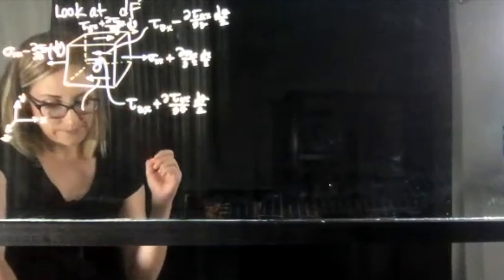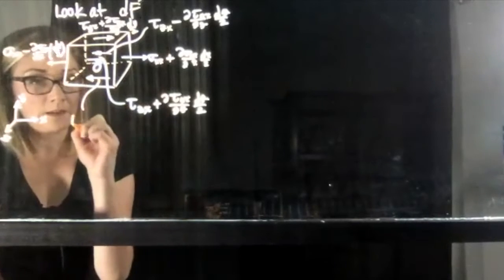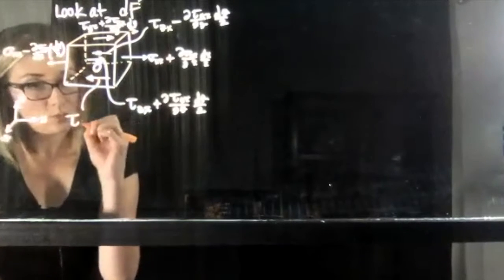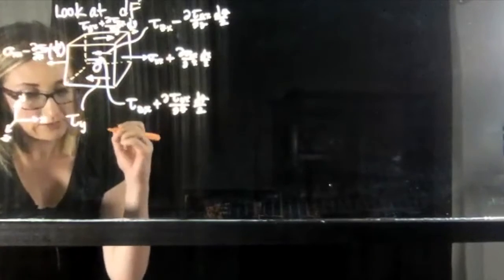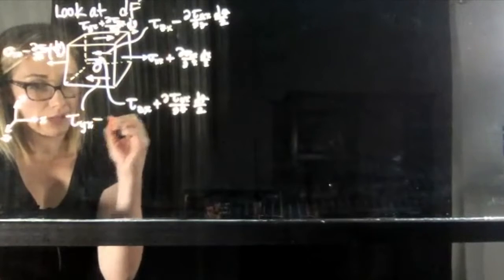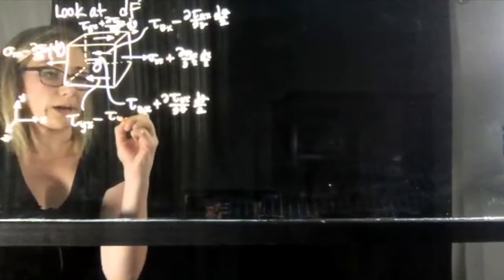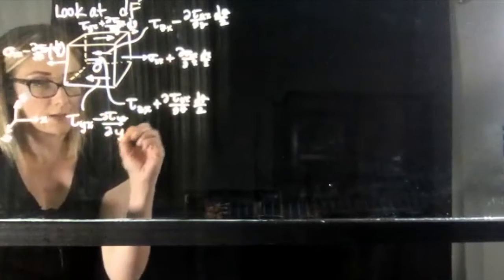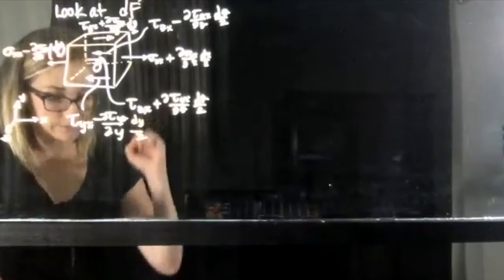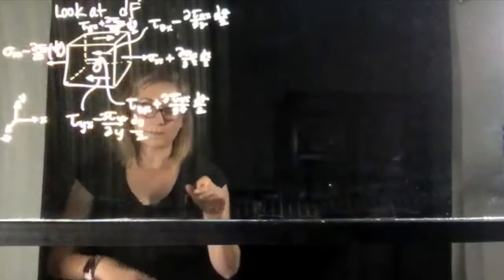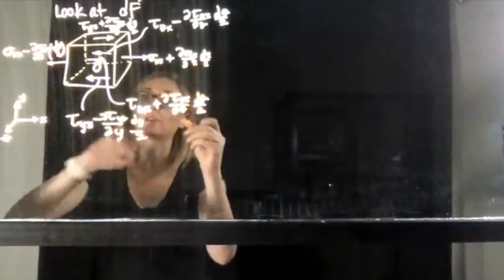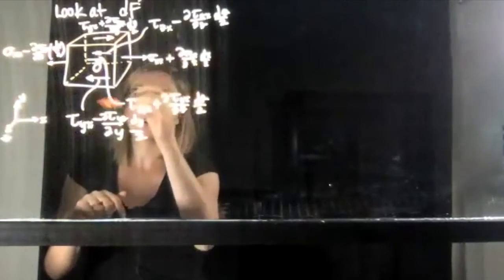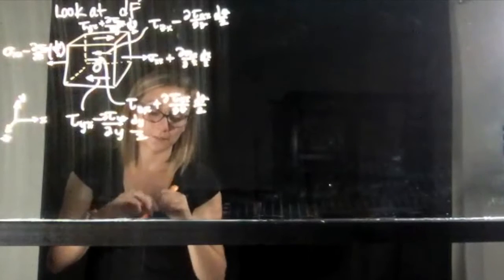We've got tau yx minus the differential of tau yx with respect to y, dy over 2. Okay, so in the x direction, we have 2 normal stresses, and then we have 4 shear stresses.